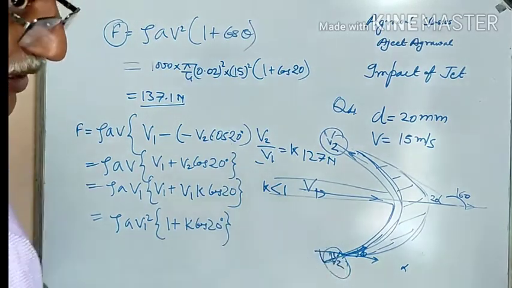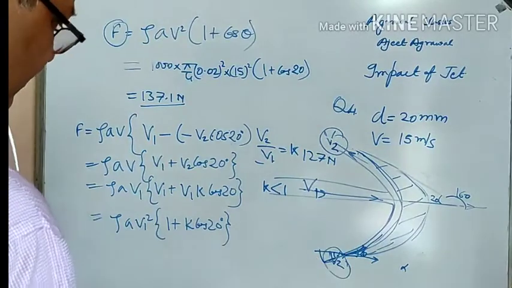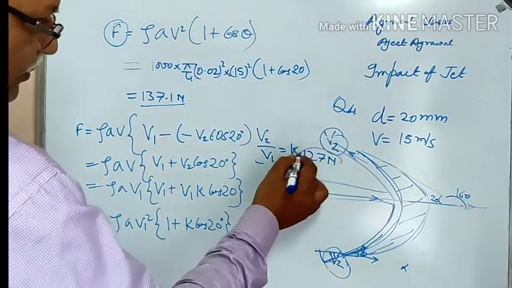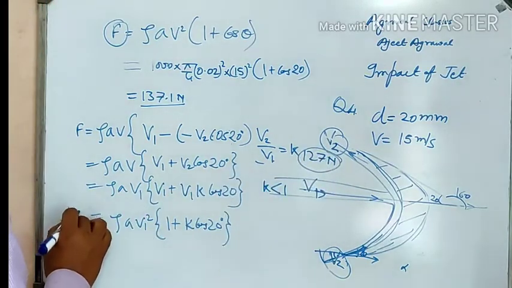The velocity at the exit of the blade is reduced because of friction, and this particular thrust, that is the force, is given as 127 Newton.